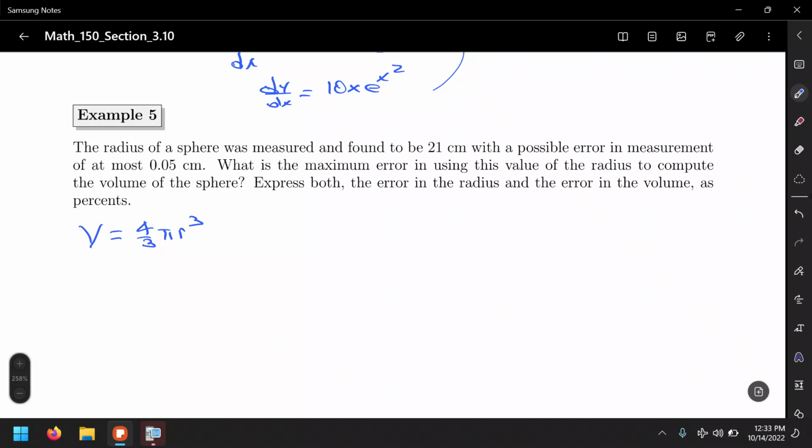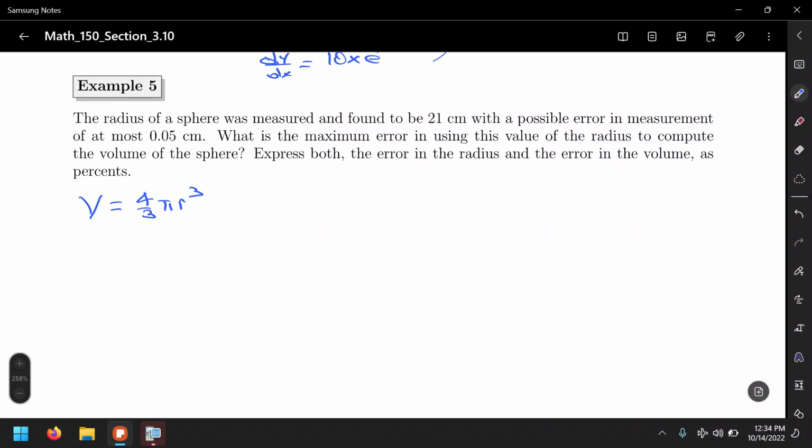However, in related rates, both variables, the volume and the radius, are changing over time, right? So don't get confused with this type of problem, because in this problem, it's not about changes over time. So we're just going to take the rate of change, which is the derivative, dV dr, not dV dt.